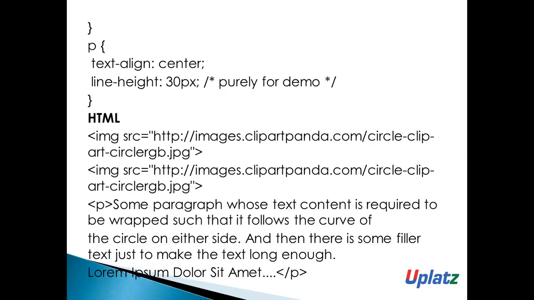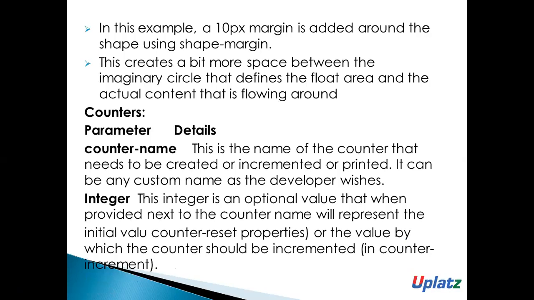The remaining things in the HTML are the same: two images and a paragraph with text-align center. This 10 px margin will be added around the shape using shape-margin. It will create a bit more space around the imaginary circle, but the text will still flow around it.